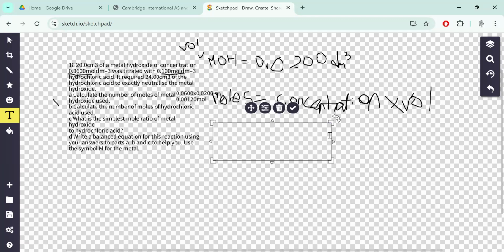The concentration of hydrochloric acid we can see right here is 0.100 moles per decimeter cube. And then here is 24 centimeter cube, that would be the volume, or 0.024 in decimeter cube. So we're going to write that down.